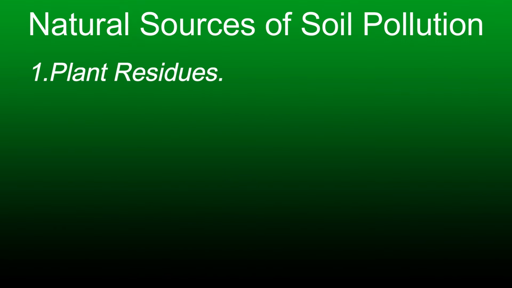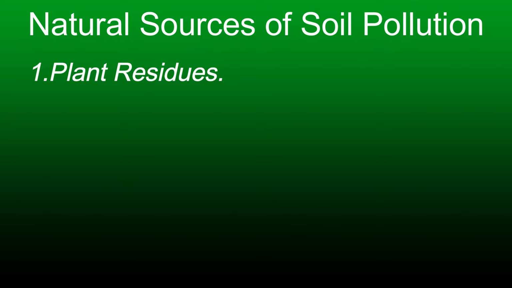Natural pollutants are of plant and animal origin. They are, number one, plant residues. Normally, plants on death and decay contribute organic matter to the soil and thereby increase soil fertility. Sometimes residues from crops, fields and orchards carry plant pathogens and pests.